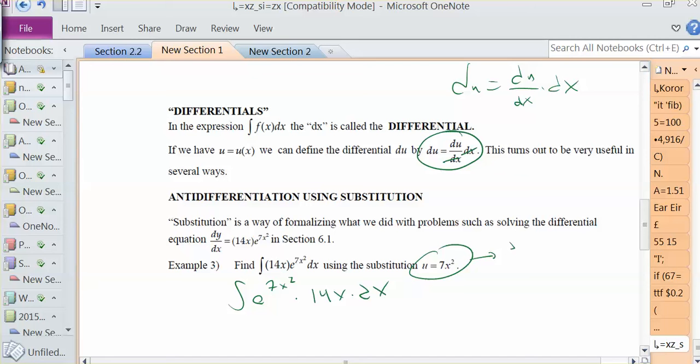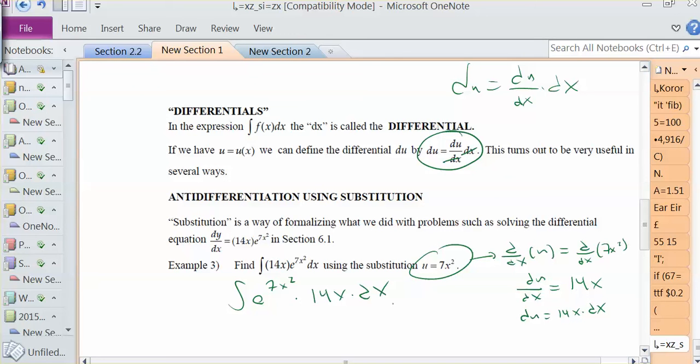Well, if that's the case, if I take the derivative of both sides with respect to x, of course du over dx equals 14x. And if I multiply both sides by dx, I get this.